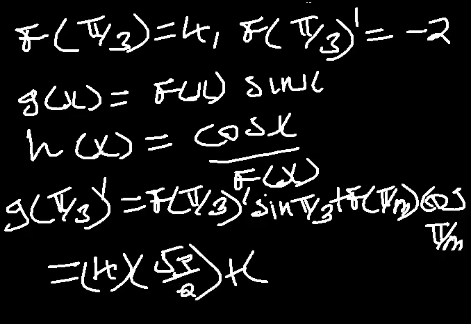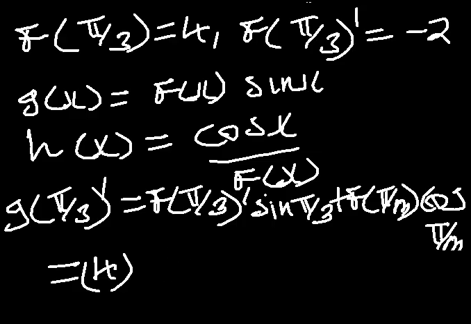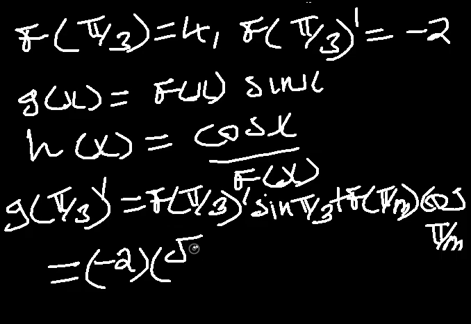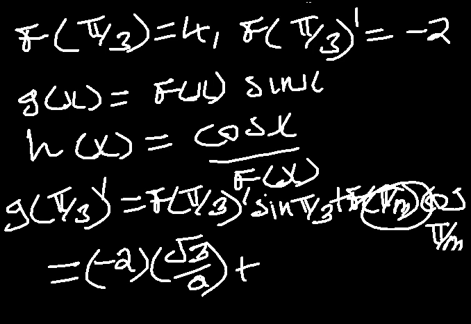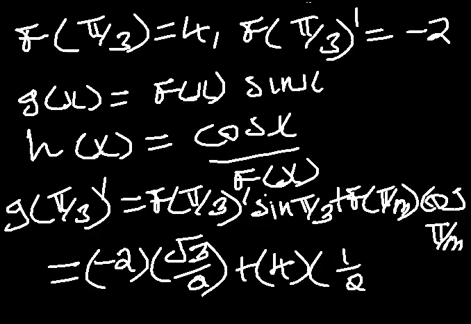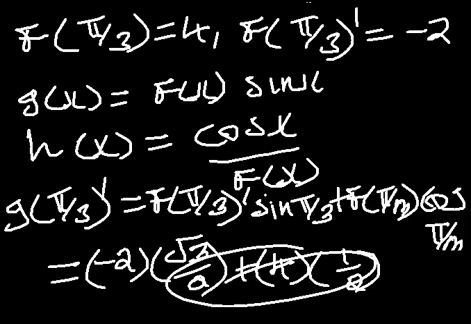And the plus, what is f prime of pi over 3? We have it as negative 2 here, times sine pi over 3, which is square root of 3 over 2. And the plus, what is f of pi over 3? We have it as 4, times, what is cos pi over 3? We have it as 1 over 2. That is that. Then we can simplify this one in that case.